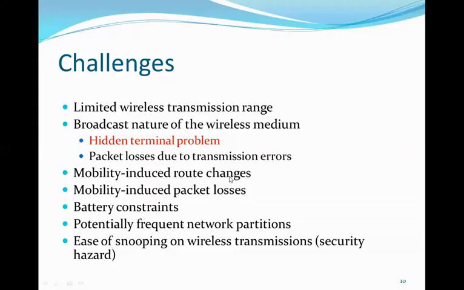So here are some challenges for these particular nodes. They have limited wireless range. Similarly, their broadcast nature may create a hidden terminal problem or exposed terminal problem. Sometimes there may be packet or data loss due to continuous mobility.